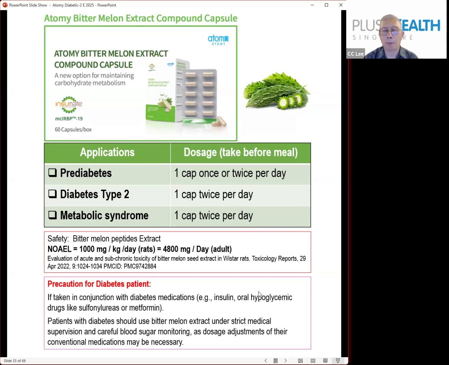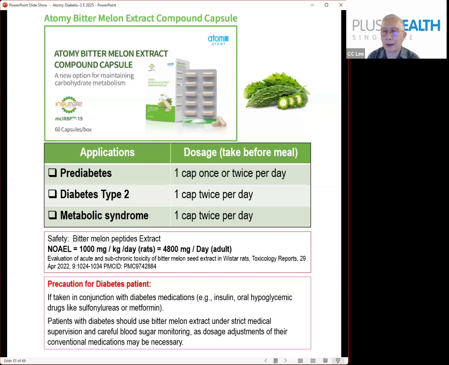Now, remember, because this bitter melon product extract is able to reduce your blood glucose level, it is very important for diabetic patients to know that when you are taking diabetic medication, you should not overdose on this one as a supplement.